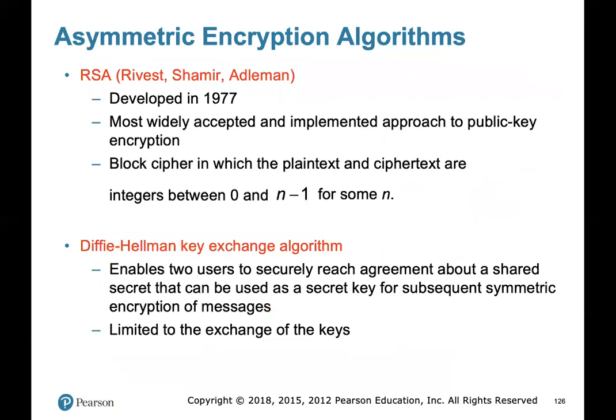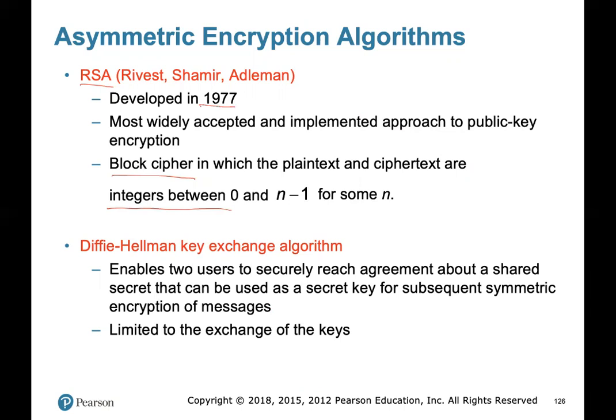We will be talking about the RSA algorithm, which was developed in 1977 by a group of 3 researchers at MIT, Massachusetts Institute of Technology. It is a block cipher, of course. It takes a number and encrypts it in a block. It takes the plain text as an integer number. We will be talking about it.